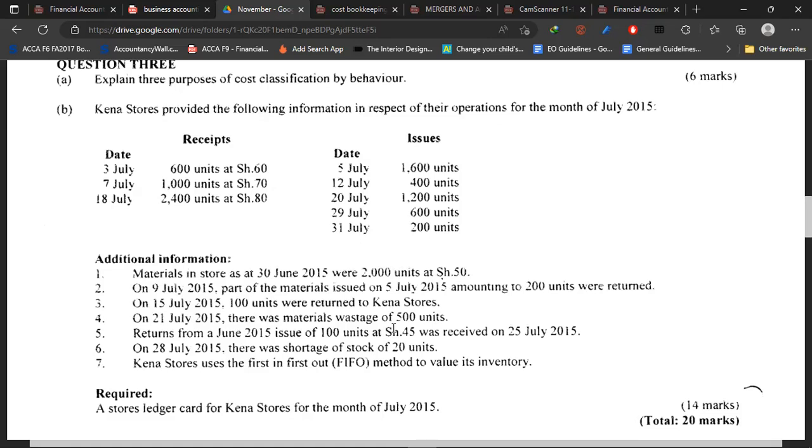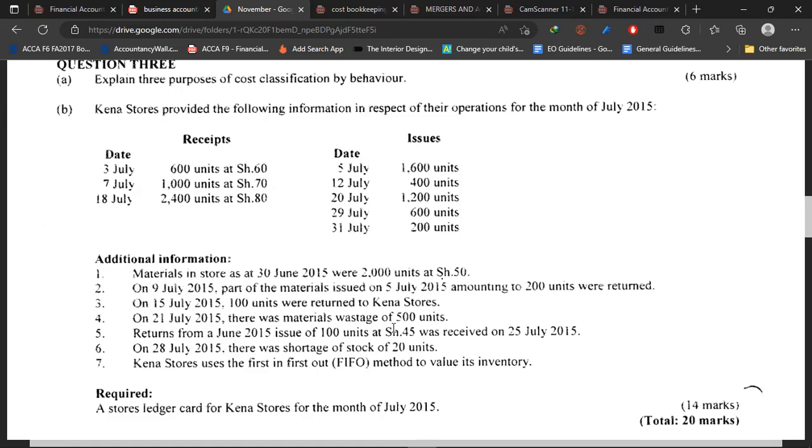And then the examiner has given me receipts, which are my purchases, and issues, which are my sales. I want you to understand that. So receipts are my purchases, issues are my sales, right? Every time you hear the teacher use the term issue, it means we have already sold. Every time I talk about receipts, we have already purchased.